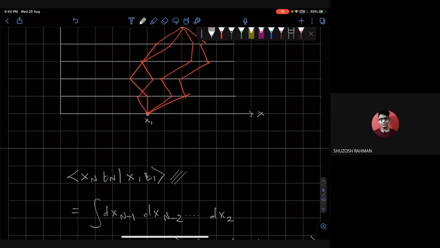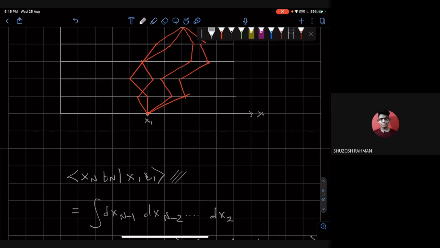So, how small can delta t become? Can it be infinitesimally small? Oh, okay. Infinitesimally small. Yeah. Okay. Got it. Okay. Good.